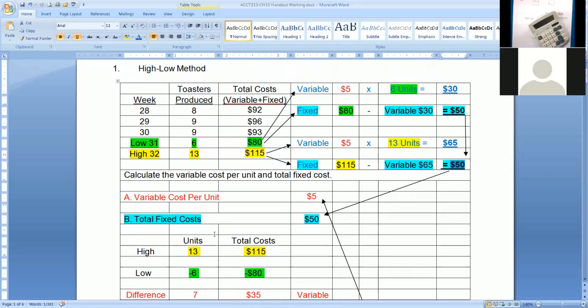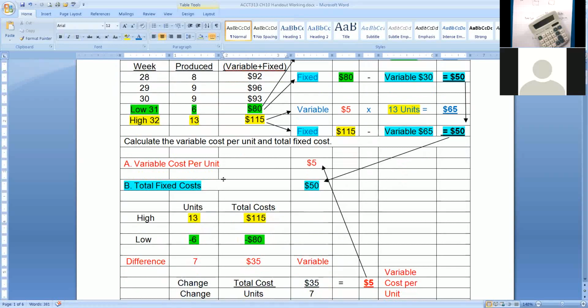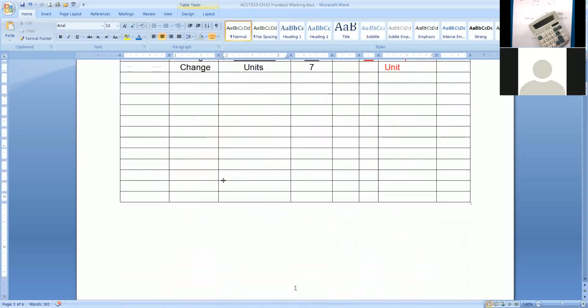For the high-low method, you guys shouldn't have a problem with it, but if you do it in class, a lot of times the high-low method is more missed than the regression method. One of the biggest errors people make is they don't pick the highest and the lowest.